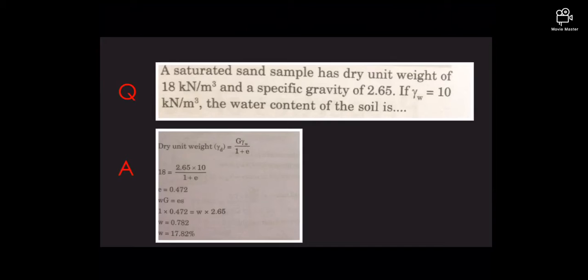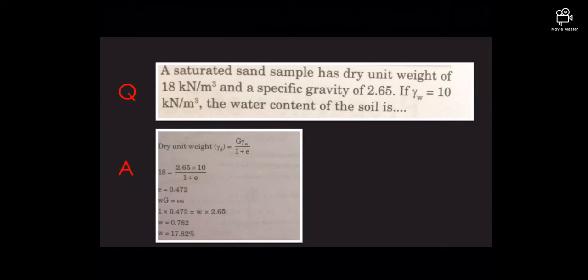So next question, a saturated sand sample has dry unit weight of 18 kilonewton per meter cube and a specific gravity of 2.65. If gamma w is equal to 10 kilonewton per meter cube, the water content of the soil is what? So the equation relating all these values is gamma d, which is dry unit weight, is equal to G gamma w by 1 plus e.